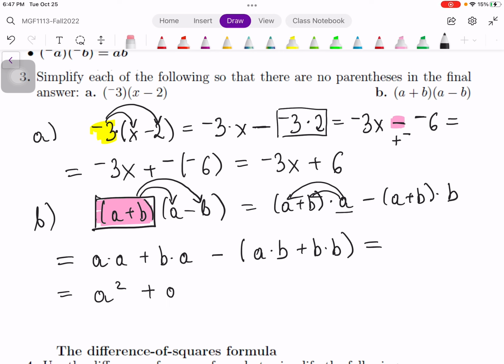B times A is the same as A times B. What property am I using? Commutative property.